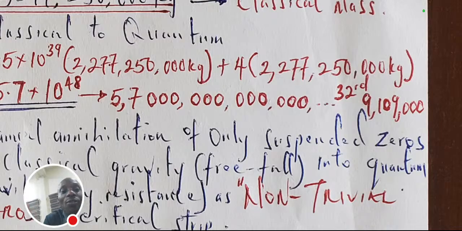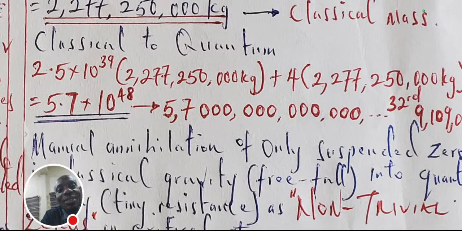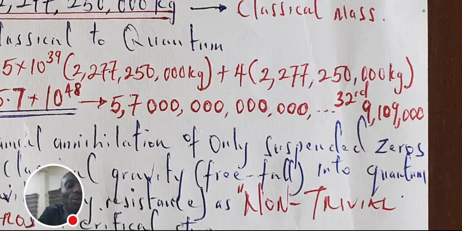So then we have a couple of zeros. Then at the 32nd position, we now have the base value of the electron. We have it being suspended at that 32nd position to the value of 5,7 that we have right here. So we now have 9,109 being suspended, and then we have another 3 zeros at the back.